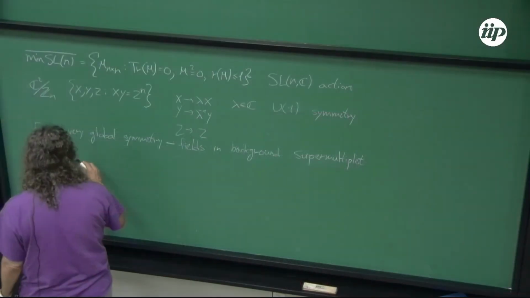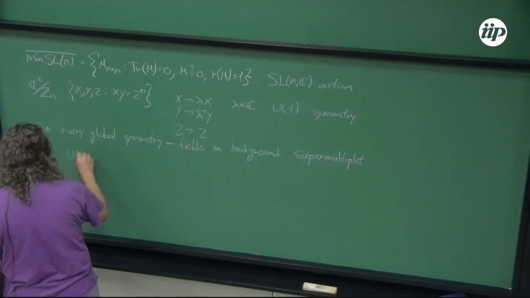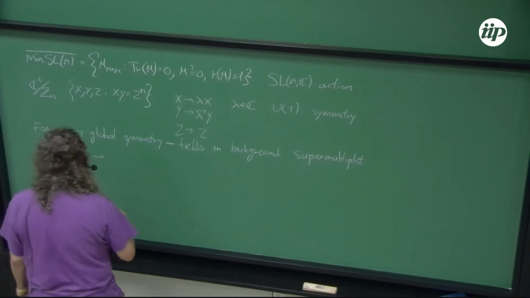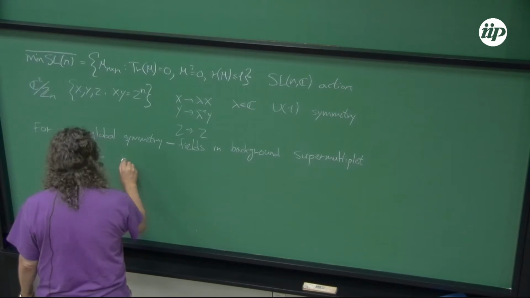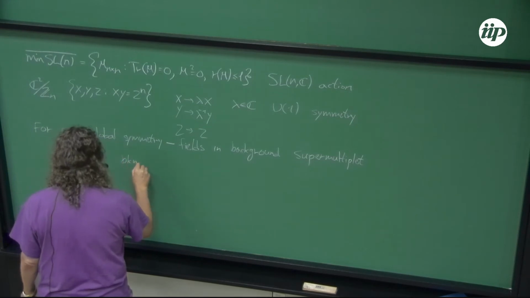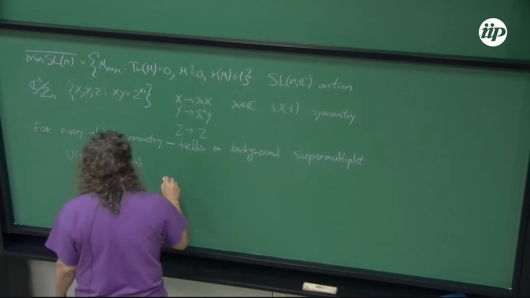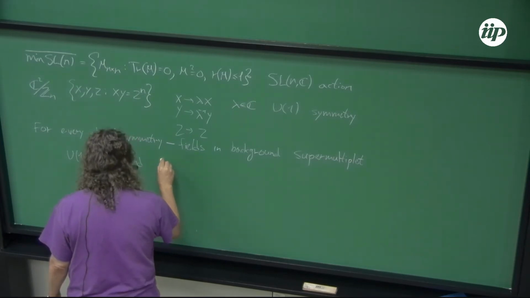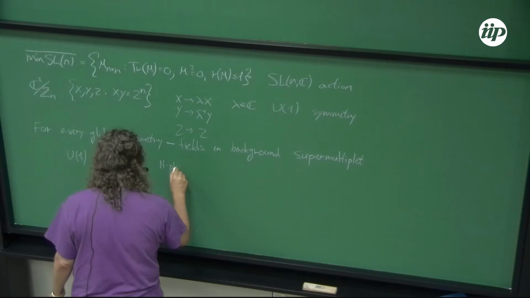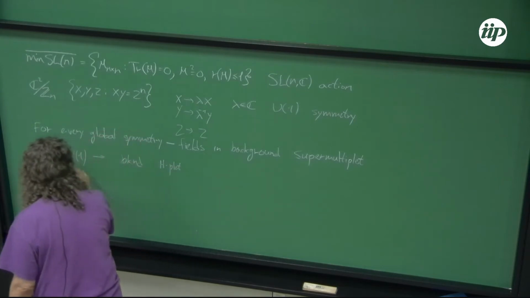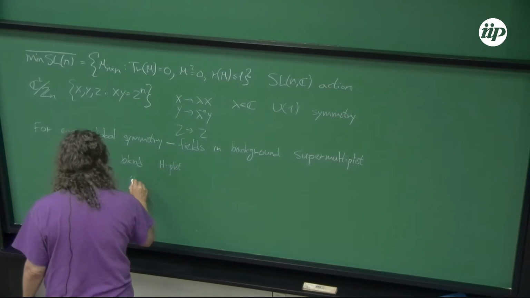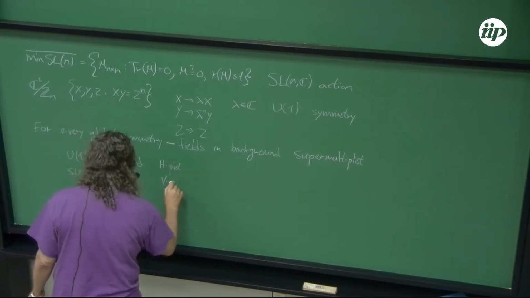So for every global symmetry, we have fields in background supermultiplets, and so we will be explicit here. For the U(1), I'm going to have a background hypermultiplet, and for SU(N) global symmetry, I'm going to have a background vector multiplet.